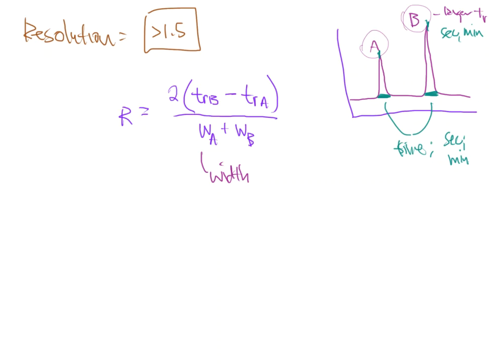You just got to be able to plug them into the equation and solve for R. So the retention times are going to be given. The width at the base is going to be given. There's going to be no issues there. Just make sure they're the same unit of time when you plug them into the equation, and you'll be okay if that begins to happen.